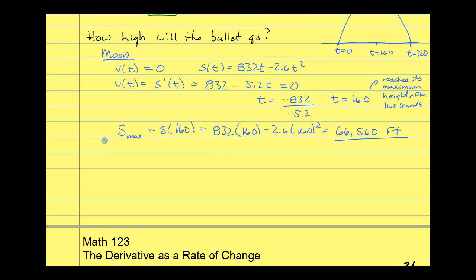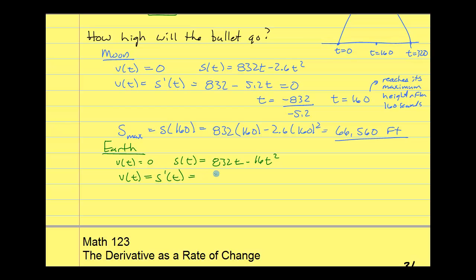Now let's see how that differs with the height above the Earth. The height above the Earth, I would think, wouldn't go as high because the gravity from the surface of the Earth is going to start pulling that bullet down toward it a lot faster than it did on the Moon. Same setup, v of t equals 0. S of t for the surface of the Earth was 832t minus 16t squared. Okay, so I want my velocity set equal to 0.